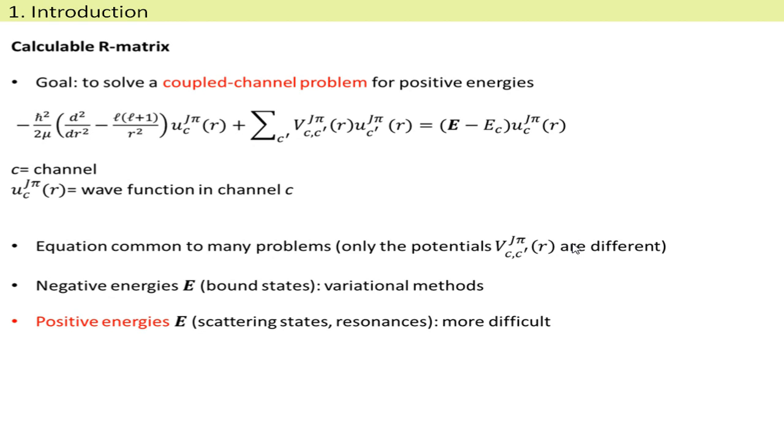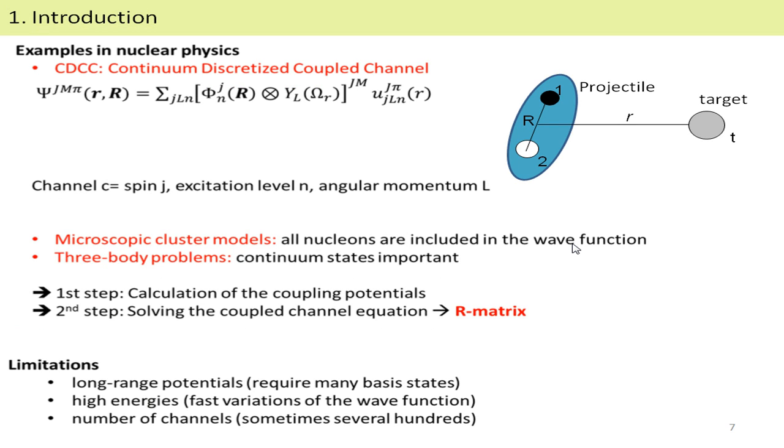But if you have positive energies, so either you have scattering states, so you want to study the collision between two particles, or if you are interested in resonances, then it's more difficult, and then you need something more than variational methods.